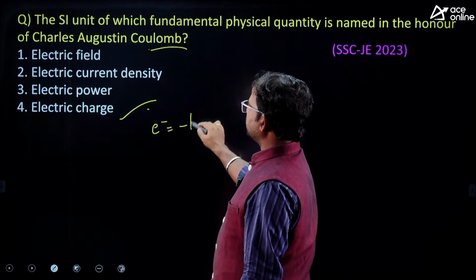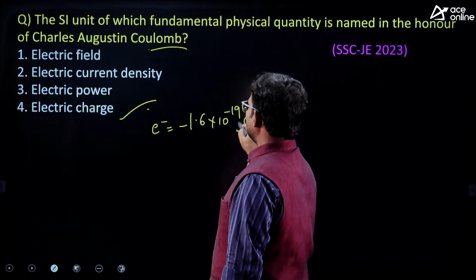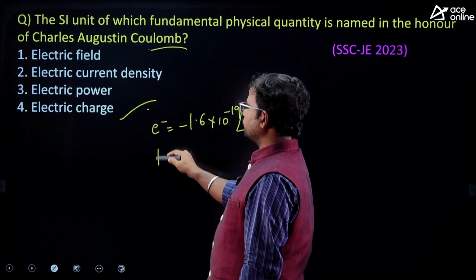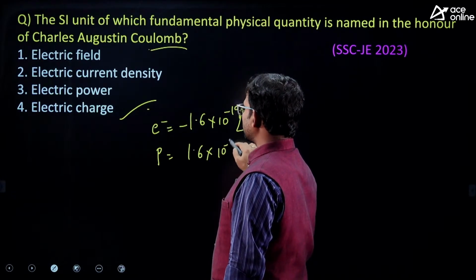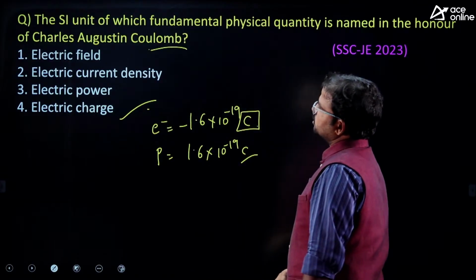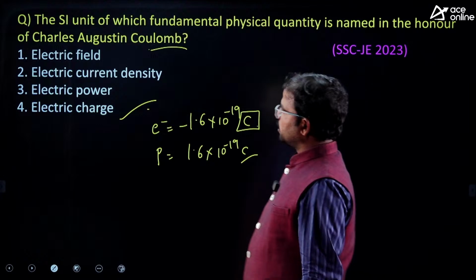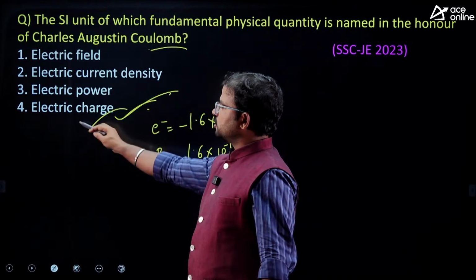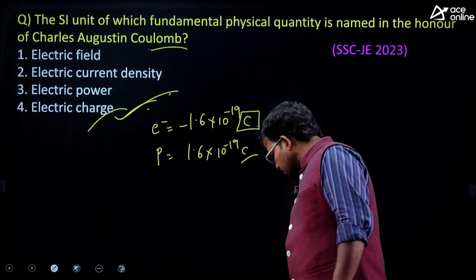Minus 1.6 into 10 power minus 19 coulombs. Not only the electron, the proton also has this charge, 1.6 into 10 power minus 19 coulombs. Coulomb is the SI unit of the fundamental physical quantity, electric charge. So option 4 is the correct one.